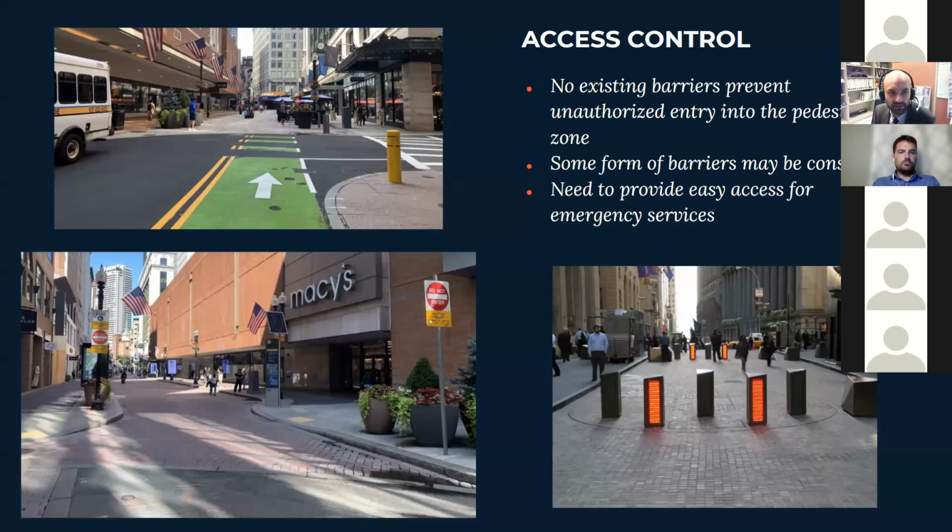Another note that we should touch on is access control. So today, as you're probably aware, there is not much in the way of someone who wants to drive into Downtown Crossing. Sometimes we have little flexible signs at the entrance here on Washington Street at Temple Place, but those are easy to move aside, and there's not much to prevent unauthorized vehicles from entering the zone.